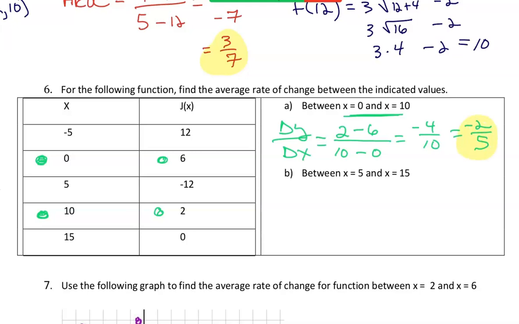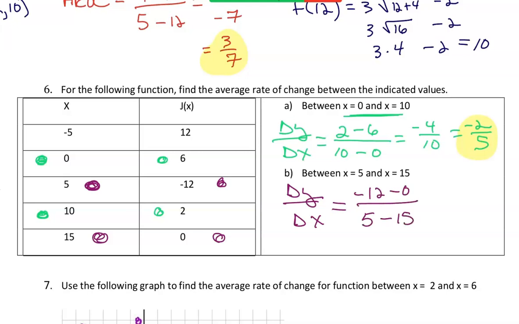Okay, now we're going to change our color, and I'm going to grab 5 and 15. So x is 5, 15. Here are my y's. Do the exact same thing. Change in y for change in x equals, grab the y's first, -12 minus 0, go back to the 5, 5 minus 15.